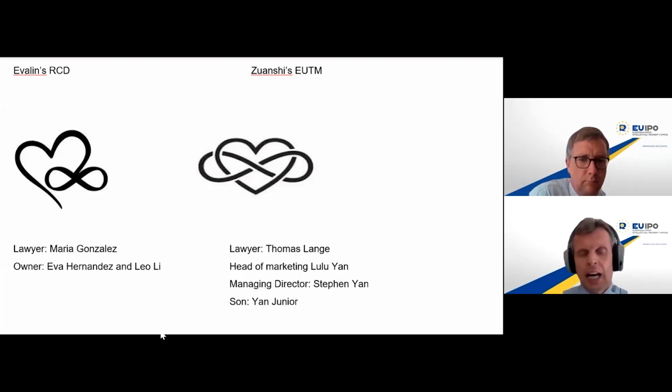The invalidity applicant claims that its trademark has been put onto jewelry that was disclosed at a major trade fair in China back in 2015.